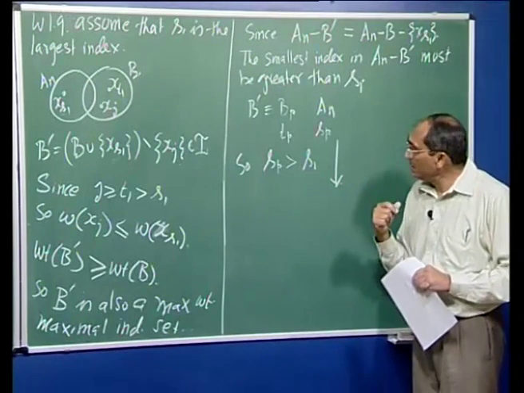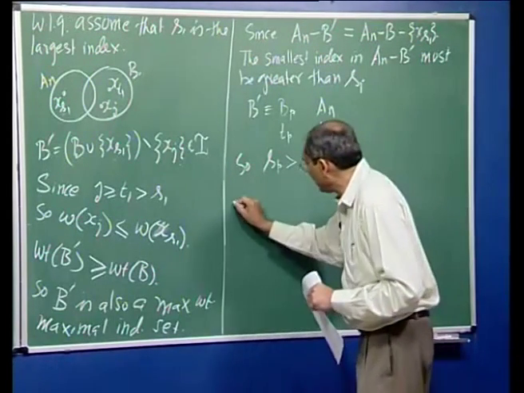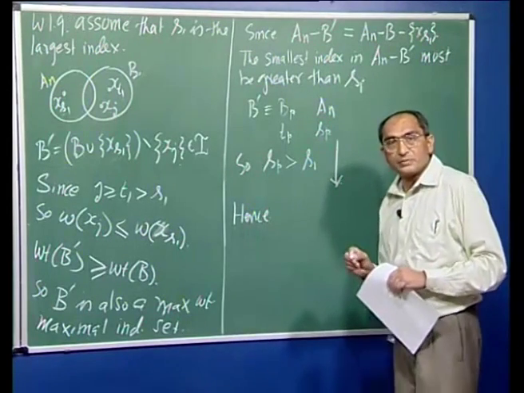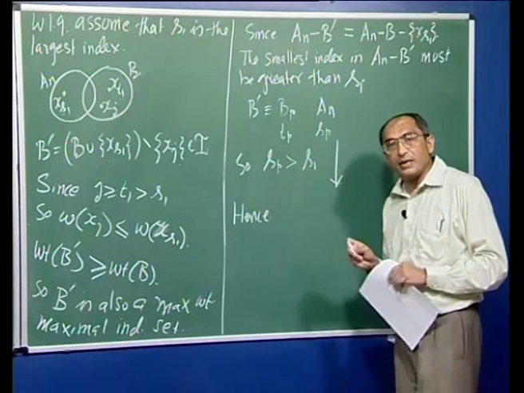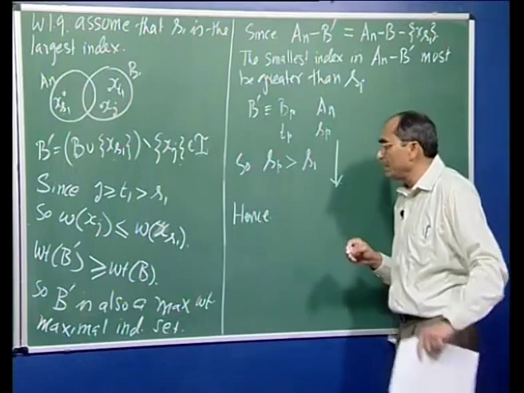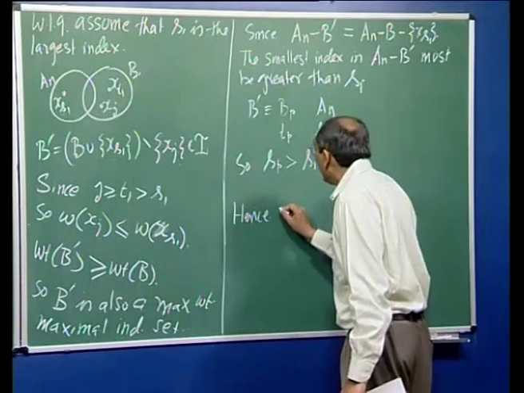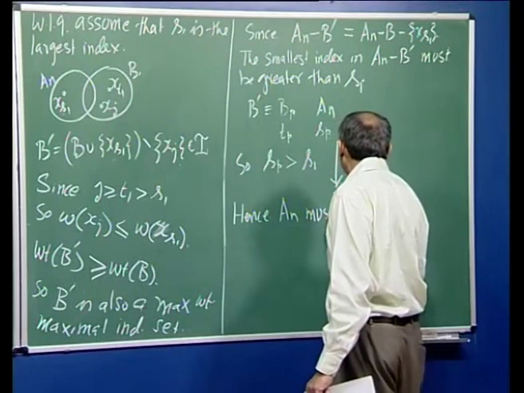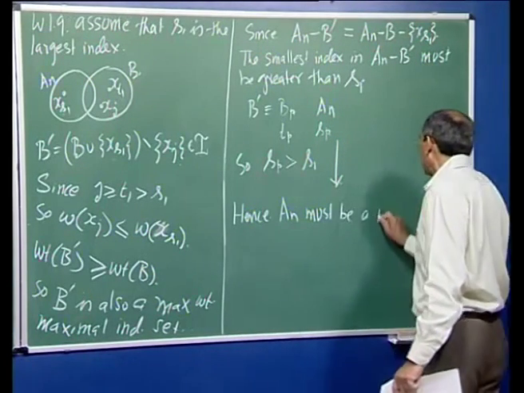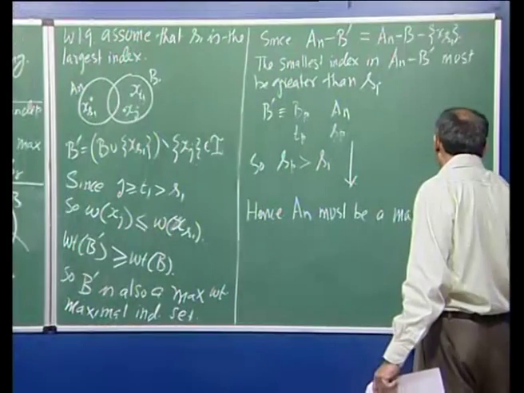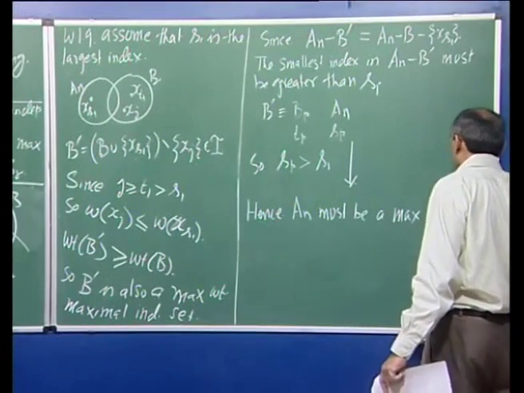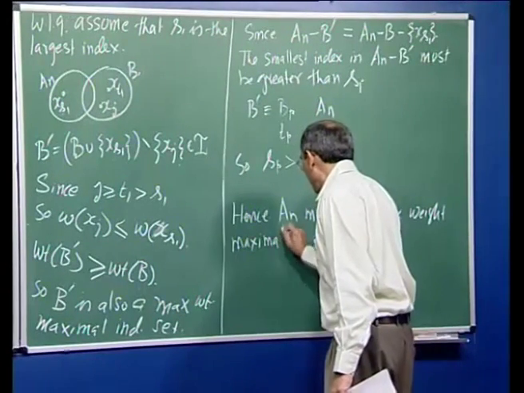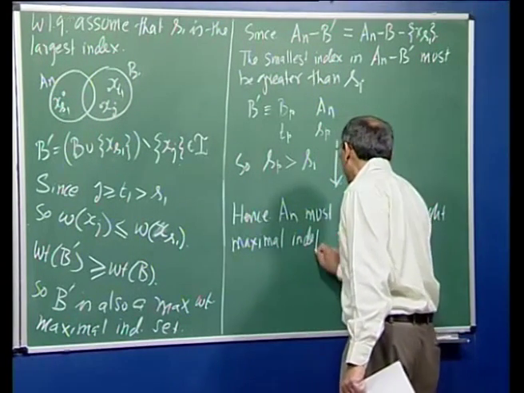This is absurd, and hence our assumption that An is not a max weight maximal independent set must be wrong. Hence, An must be a max weight maximal independent set.